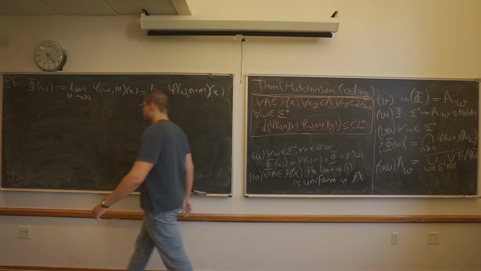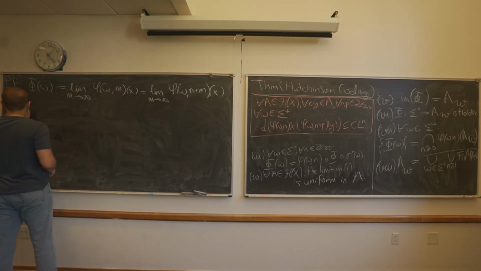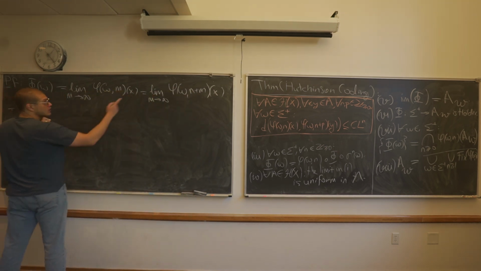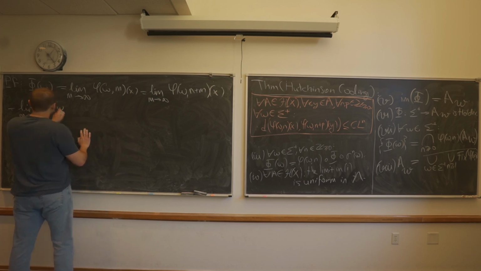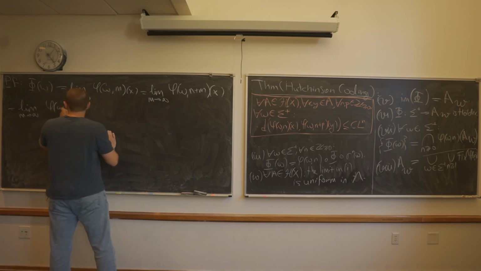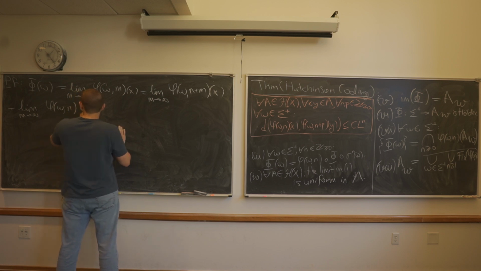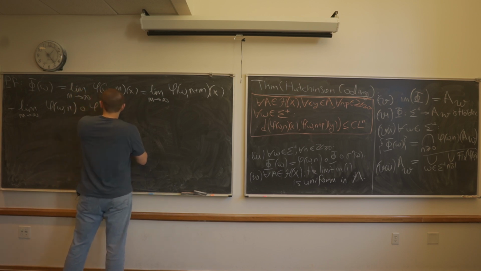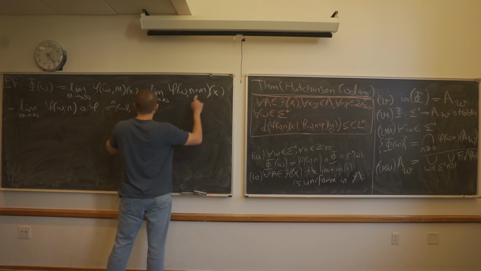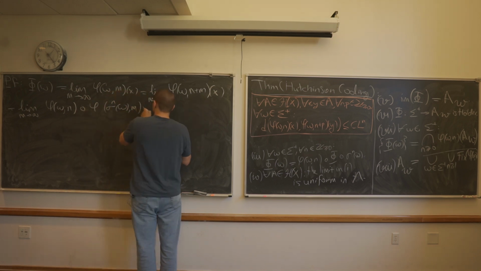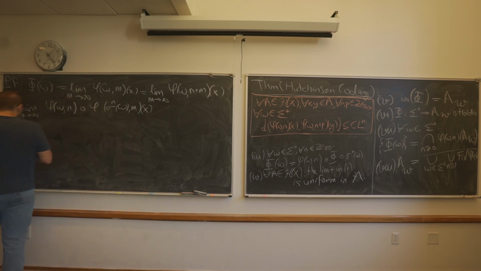And then to this, I can apply the cocycle property. Limit as m goes to infinity of phi of omega comma, so the first guy is n, composed with phi of sigma to the n of omega comma m. I just applied the cocycle property. Now, this is fixed. It's a fixed function, okay? And it's fixed here. In particular, this is a contraction, which means that it's continuous, which means that I can take this outside the limits.